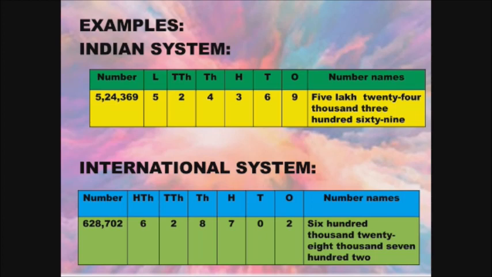Next, see the example for international system. See, we have number here 6, 2, 8, 7, 0, 2, and it is placed according to the place value of international system. 2 is placed in ones place, 0 is placed in tens place, 7 is placed in hundreds place, 8 is placed in thousands place, 2 is placed in 10,000s place, and 6 is placed in 100,000s place.